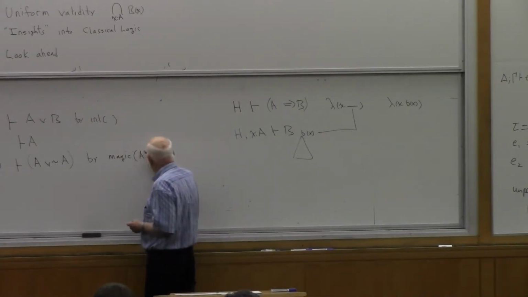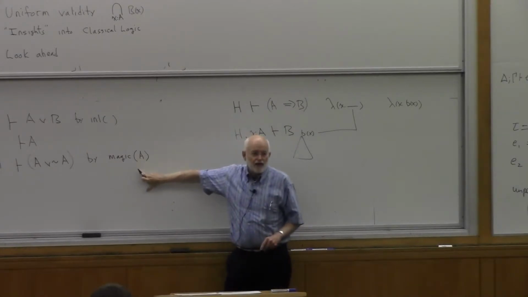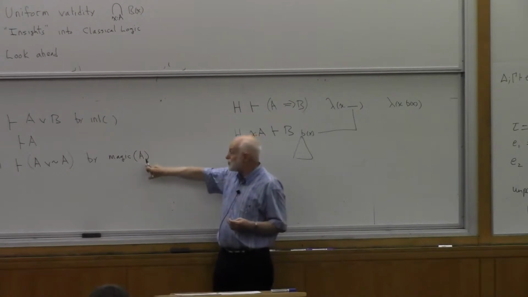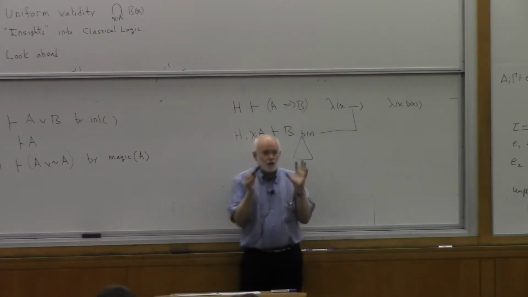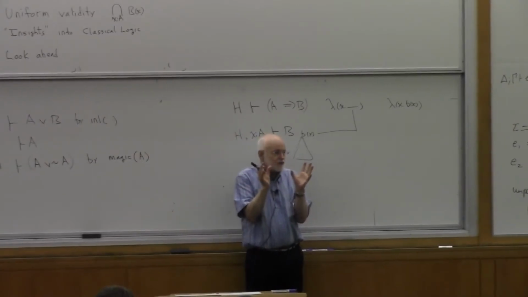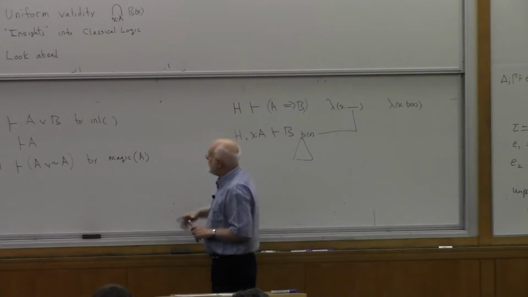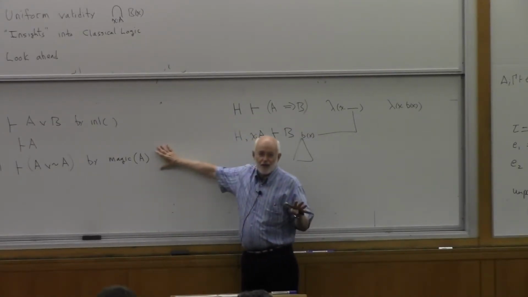And that rule, magic, is the only one where the realizer needs the proposition, right? You have to stick the proposition name in there because what does magic have to do? It's got to look at that proposition and tell whether it's true or not. And if you don't give it the proposition, it doesn't have a chance. But that is the only rule when you're doing classical logic.